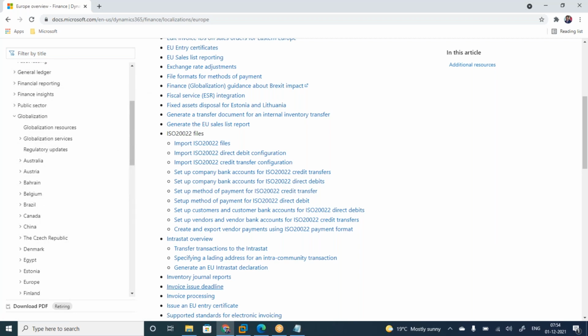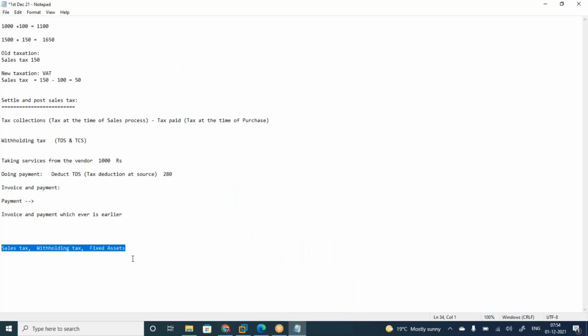And just one announcement I want to tell you. Recently, Microsoft has a third-party tool. One tool has been developed for tax. One tax tool was recently introduced by Microsoft. It is yet to be released or already released, I don't know, maybe from the last 1 or 2 months.